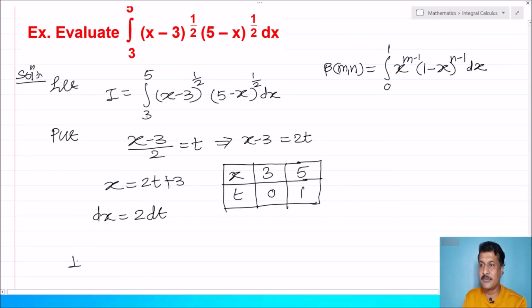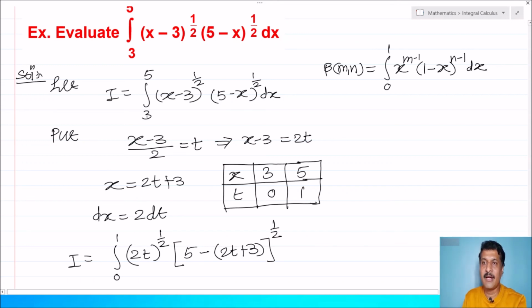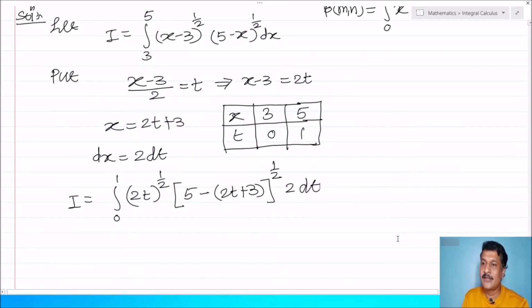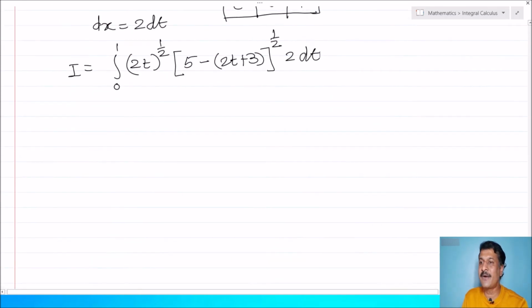So I equal to integration 0 to 1, x minus 3 is nothing but now (2t) raised to half, and 5 minus x, what is x? It is (2t plus 3) raised to half, and dx is 2 dt. So simplify here, you will get the final answer.